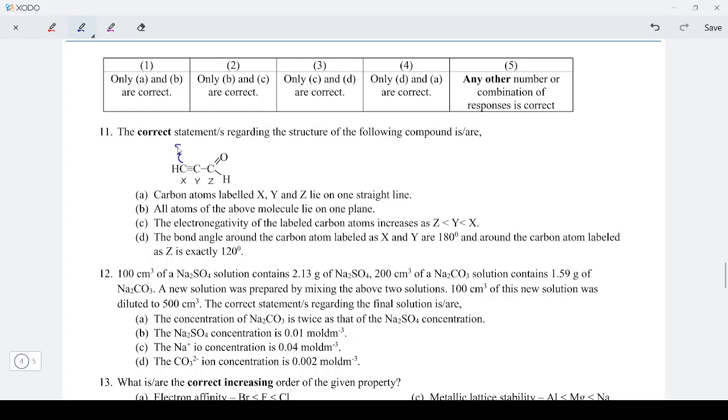So it's supposed to be sp hybridized. This Y carbon is also sp hybridized, and for the Z carbon, there are 3 repulsion units around it, so you have an sp2 hybridized carbon here.